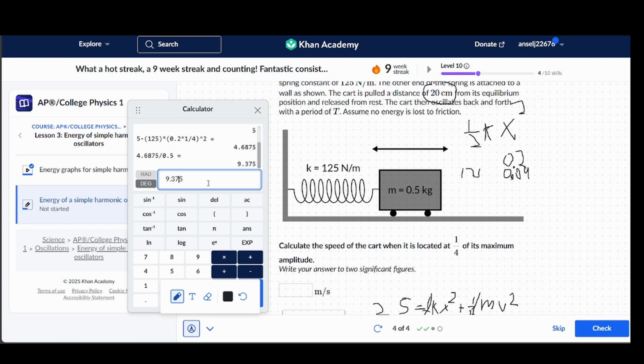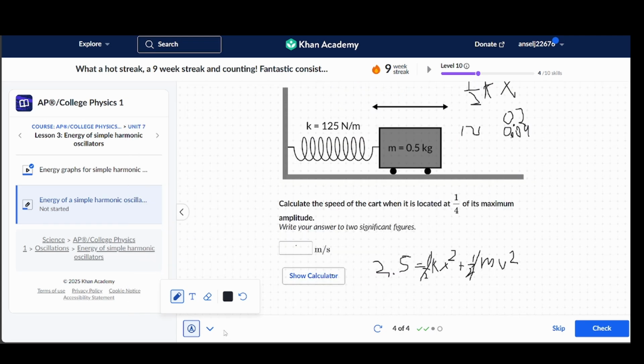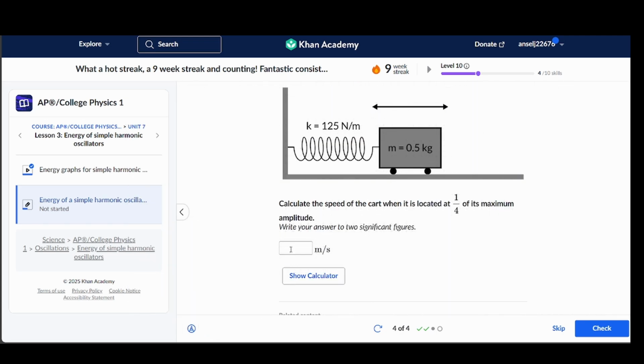And then you square root this. If I get this wrong, I'll be so sad. It's 3.1. 3.1, please. Yes! Okay, bonus question.